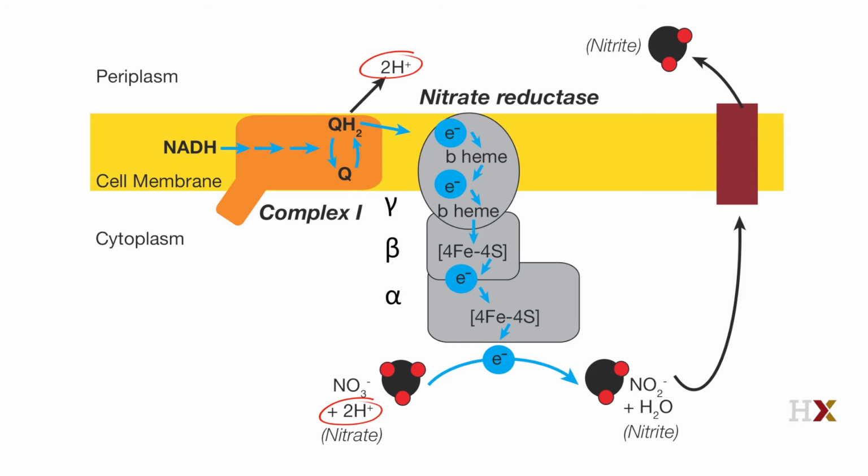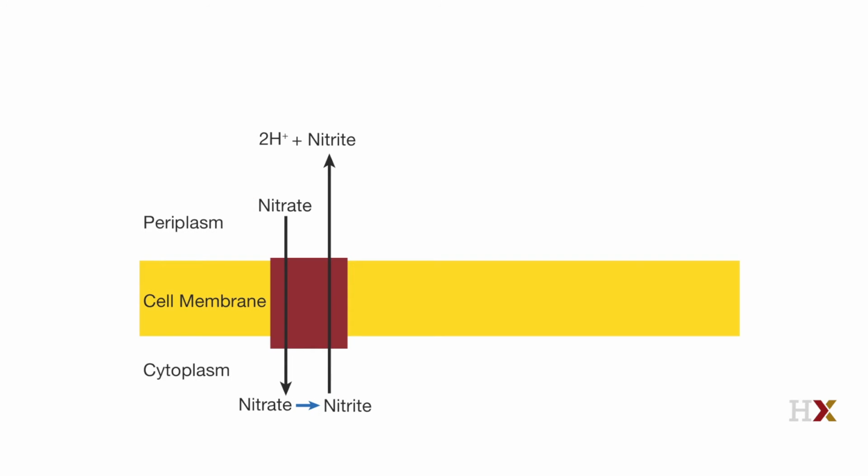So now what happened to nitrite? The nitrite molecule can then diffuse from the cytoplasm to the periplasm using first a very simple transport protein. Then a second transport protein will come into play.